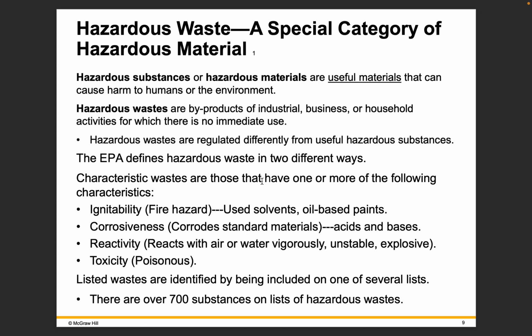Characteristic wastes are those that have one or more of the following characteristics: it's ignitable, corrosive, reactive, or toxic. And listed wastes are the other type, and those are identified as being included on one of several lists. There's more than 700 substances on lists of hazardous wastes.